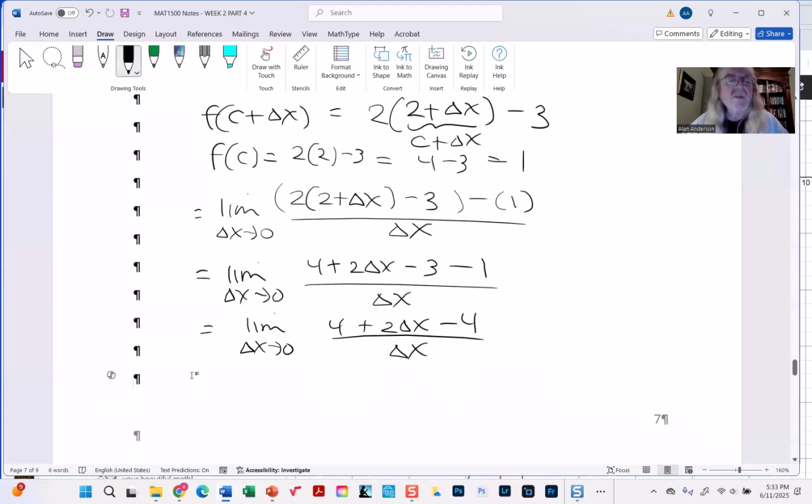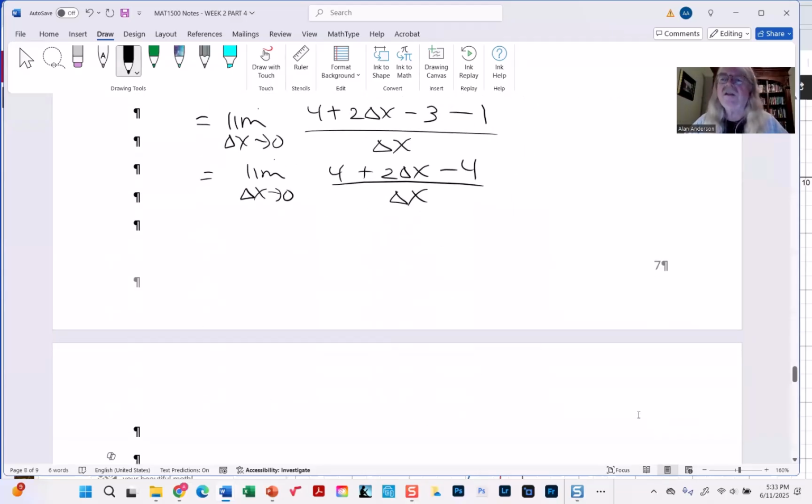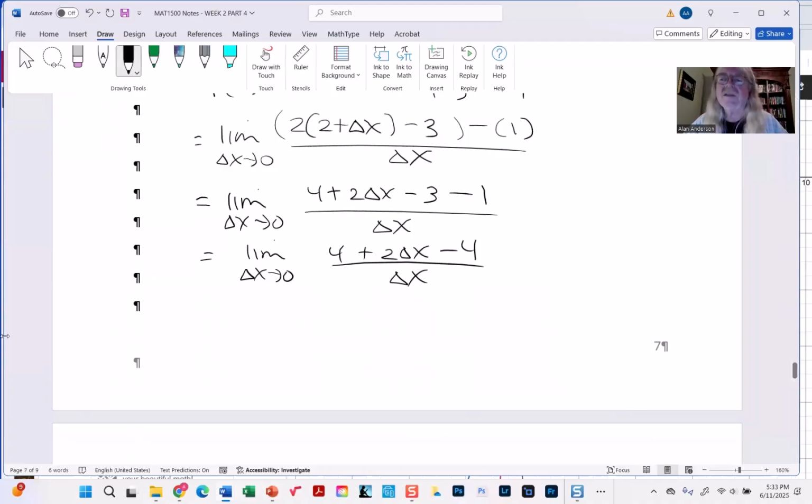So this is a particularly simple case because we're trying to find the slope of a straight line, which means it'll be a single constant.